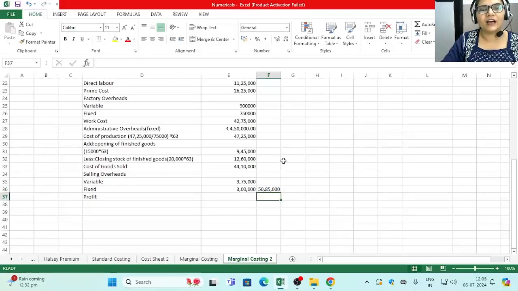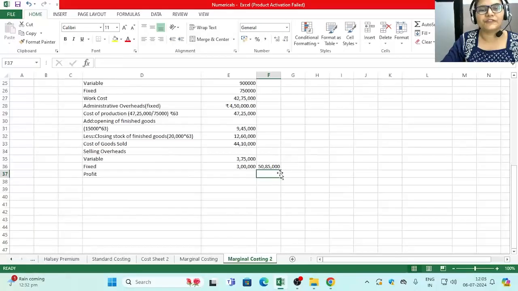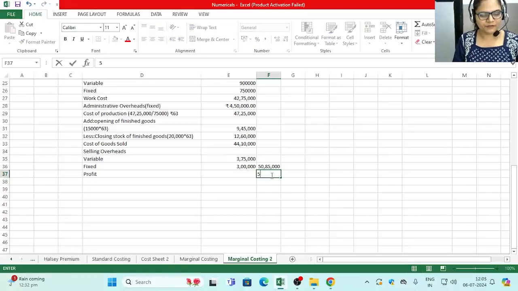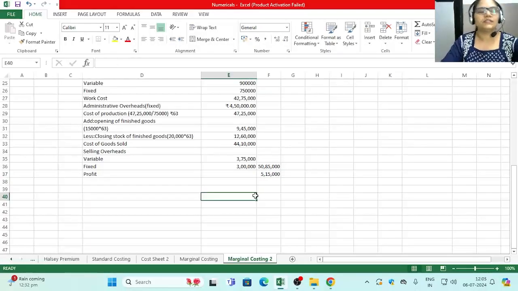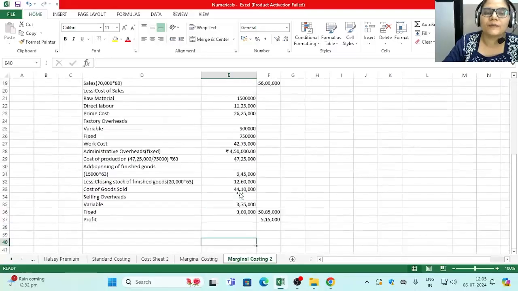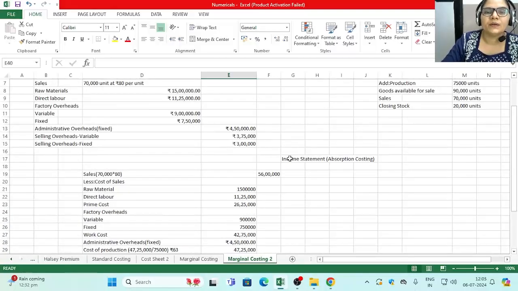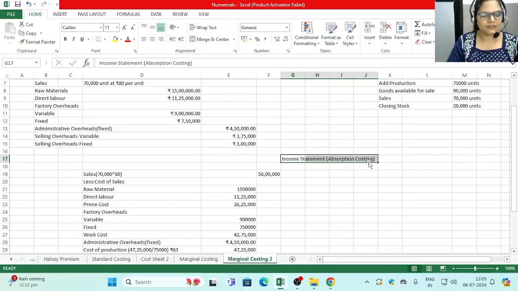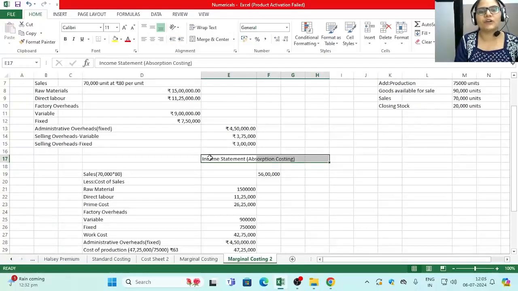And finally, after deducting this value from 56 lakh, we got a profit of 5,15,000. So this is the profit under absorption costing statement when we have been given the opening stock and closing stock value.